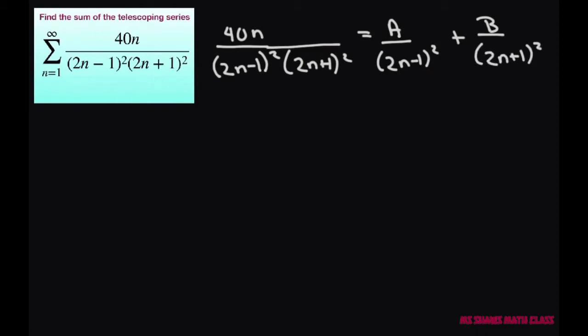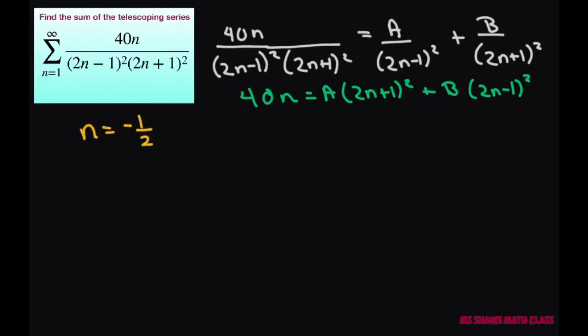All right, we're going to clear the fractions, and when you do that, you're going to get 40n equals A times (2n plus 1) squared plus B times (2n minus 1) squared. Now let's let n equal negative 1/2, and that's going to give you 4B equals negative 20.